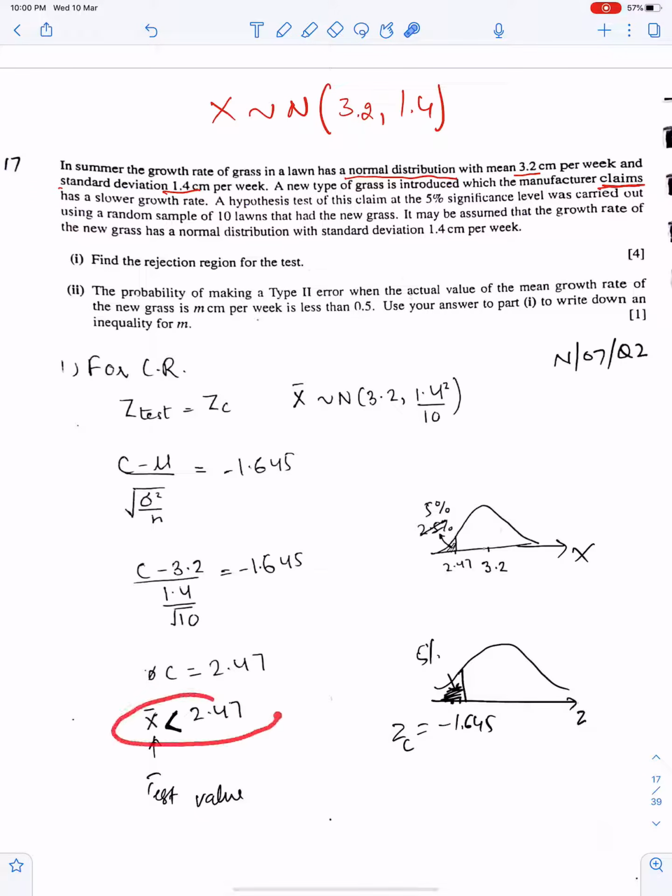Since this value lies in the critical region, the test value must be less than 2.47. The critical region boundary is 2.47. In order to reject H naught, the test value must be less than C. Let me write this here. X bar must be less than C in order to reject H naught.